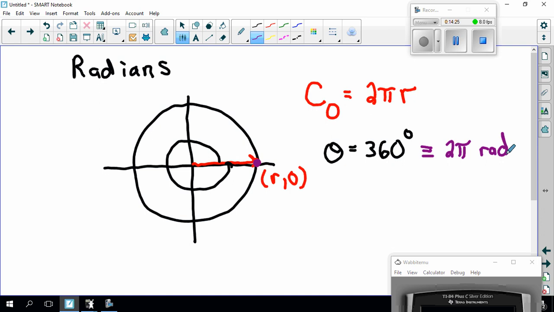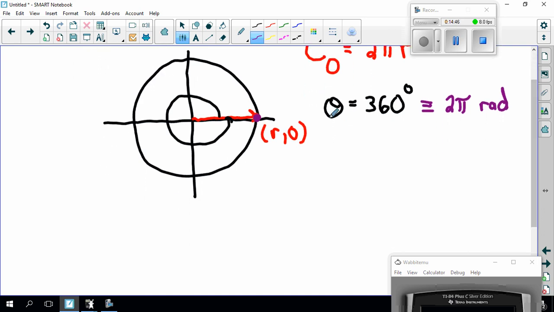So 360 degrees gets us to that point, but if you take a compass and make a circle of a radius r and measure along the arc, you get back in the same spot. So basically, we made a new relationship. It's way different than inches and centimeters, but still, it's an equivalent thing.